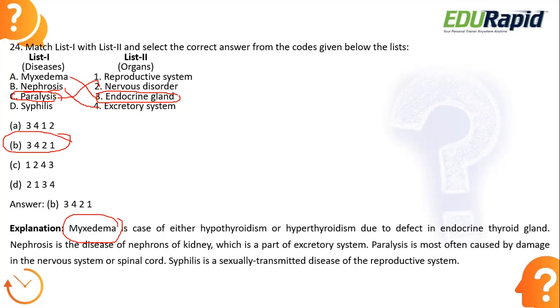Specifically, if the cerebrum part of our brain, which controls the motor organs, is affected, that condition leads to paralysis. Syphilis is one of the STDs, sexually transmitted diseases, which is related to the reproductive system. Moving to the next question now.